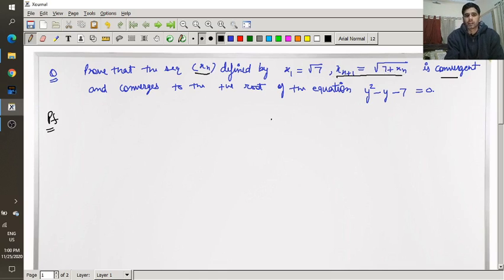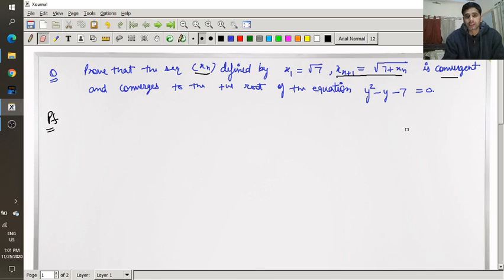So I have an intuitive idea that x1 is only root 7 and x2 is root of 7 plus some positive number, right? So from here I can intuitively say that this sequence may be an increasing sequence. So I need to prove that it is an increasing sequence.